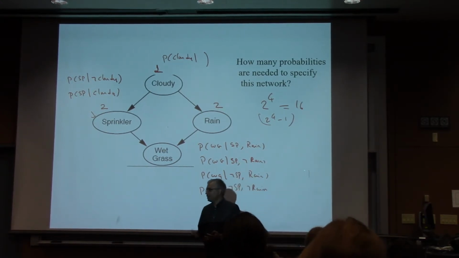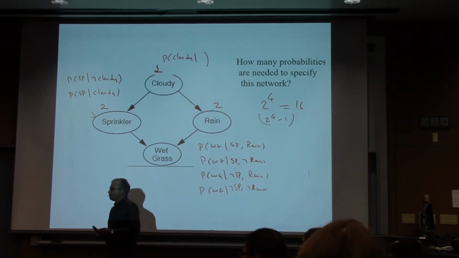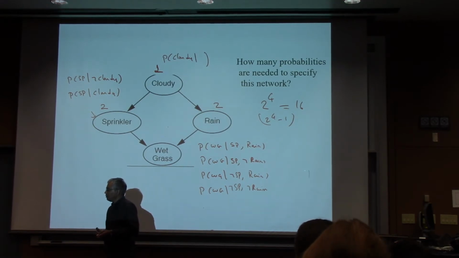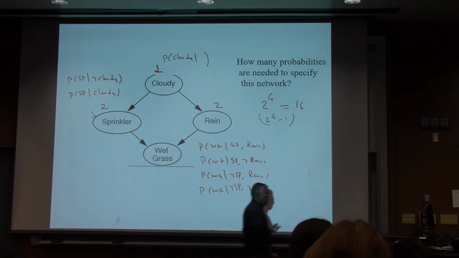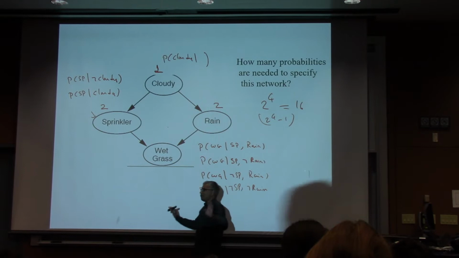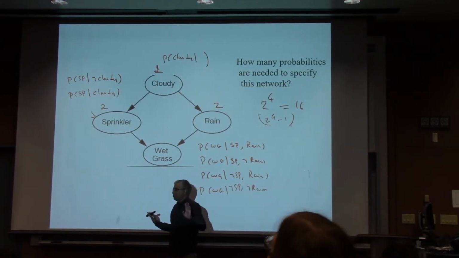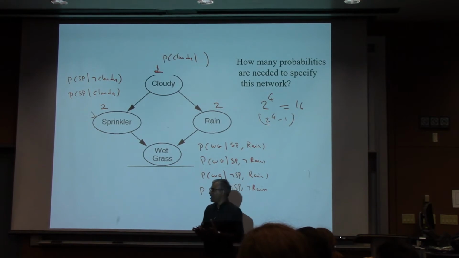If it was cloudy and then wet grass was on the same level as sprinkler, would it change? No. Okay, so here's the thing. The number of joint probability entries depends only on the number of variables. That does not change at all on the network side, on the way the network is given.